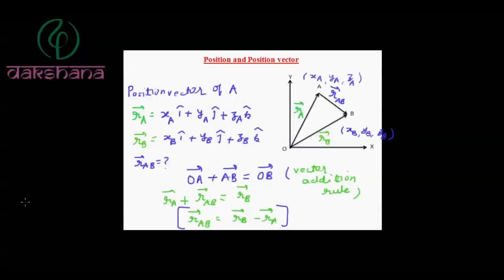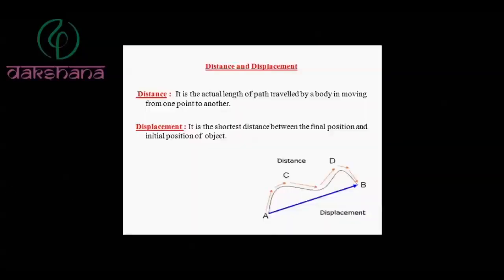So we have seen how to define position vector. Now we move to the definition of distance and displacement. Distance is the actual length of path traveled by a body in moving from one point to another.